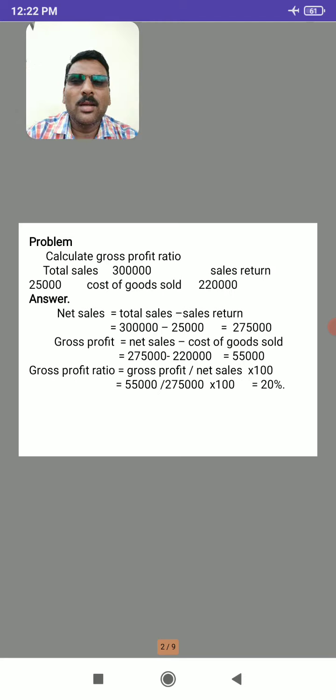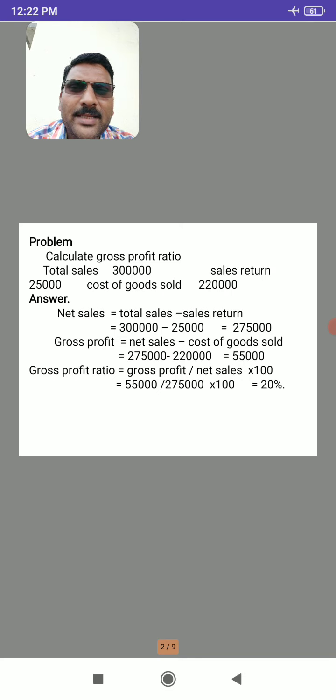So first of all, net sales equals total sales minus sales return. Here total sales is 3 lakh and the sales return is 25,000. After deducting 25,000 from 3 lakh, we get 2 lakh 75,000 as net sales.